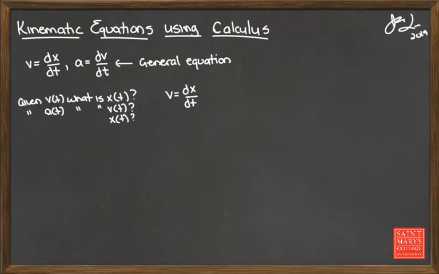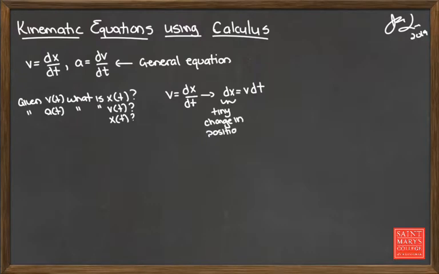So if I take this expression, I think you can all agree that this is the same thing as this. I just moved the delta t to the other side. And we can interpret this expression as you have on the left-hand side dx, which is just a tiny change in position.